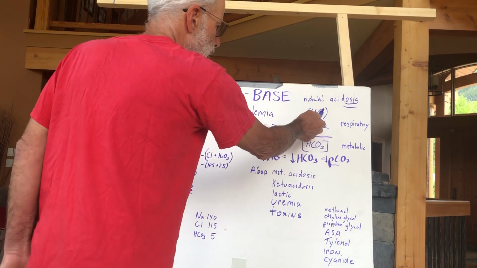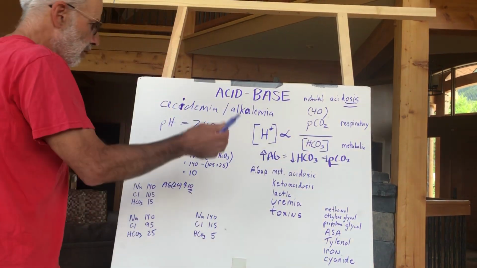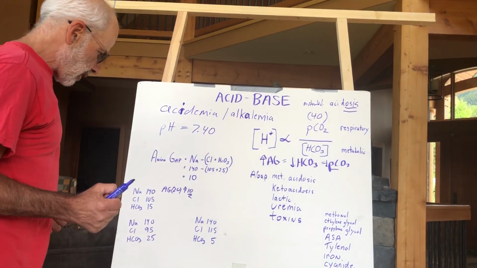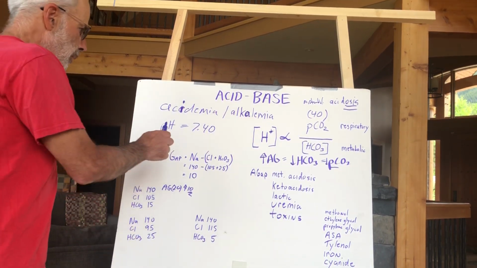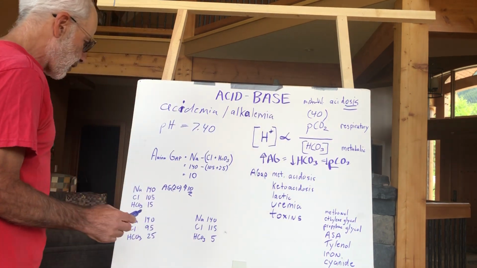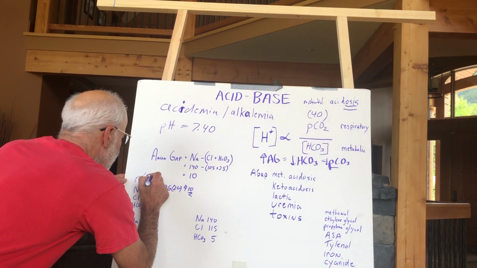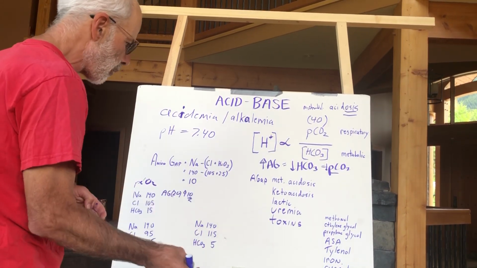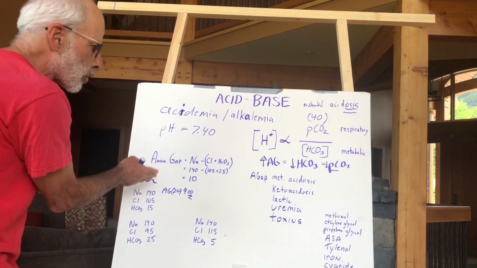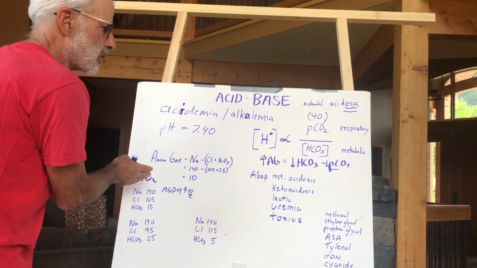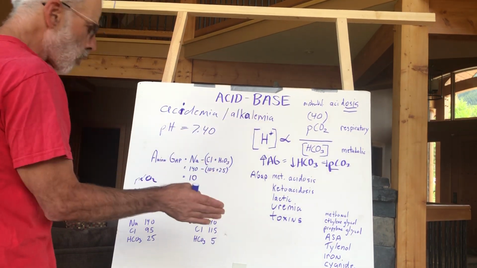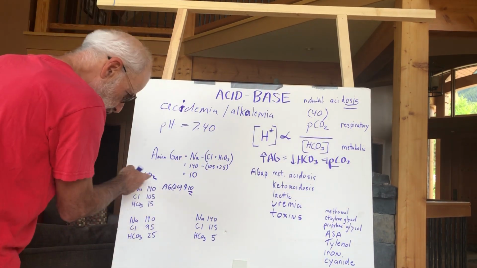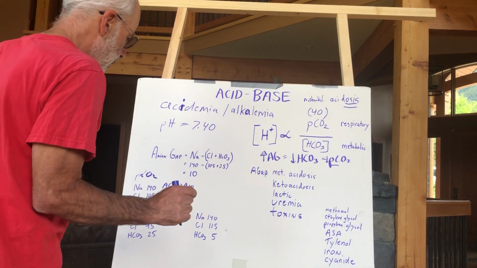So you'd expect the PCO2 to drop from 40 to 30 because it's compensating for the acidosis. So with a PCO2 of 30 in this case, you would say this patient has a simple anion gap metabolic acidosis with appropriate respiratory compensation, because the patient has appropriately dropped their PCO2 from 40 to 30, which they should do in a simple anion gap metabolic acidosis.